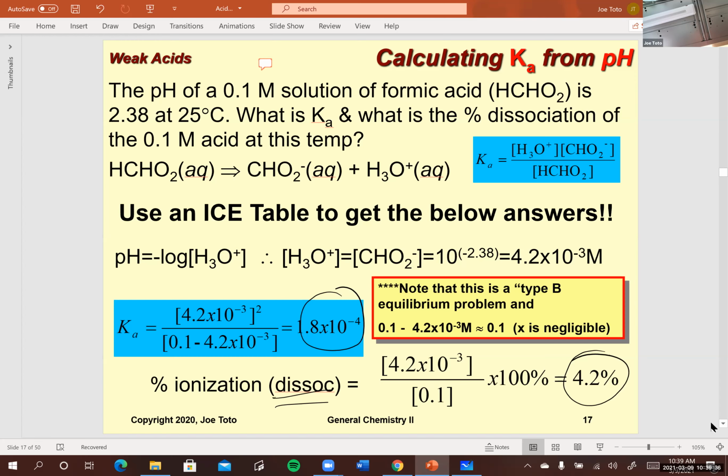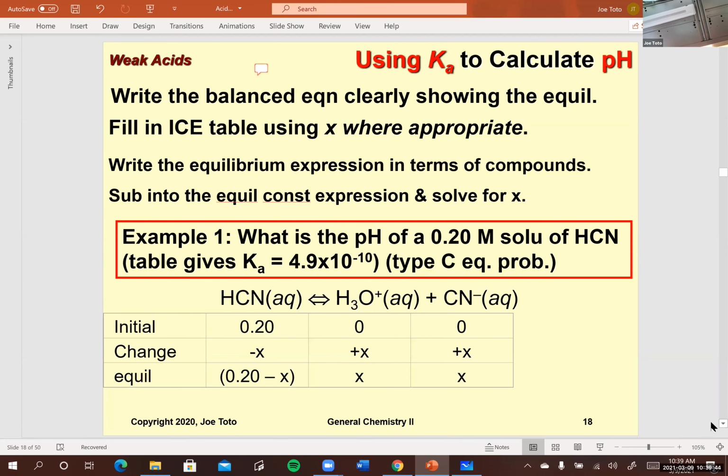So when you go back and study this, see if you can set up the ICE table. What I'm going to do, though, is skip through that and take a look really briefly at some problems that do what I just told you to do.